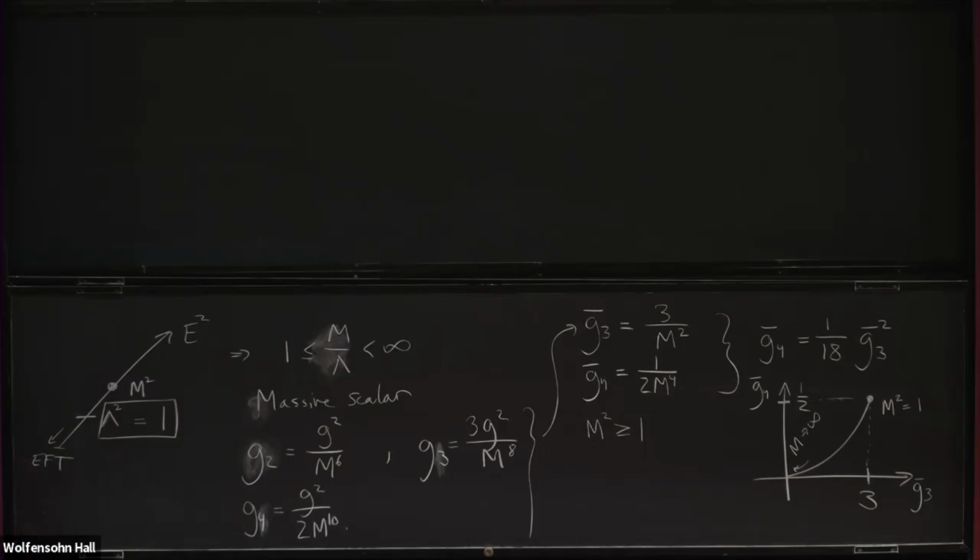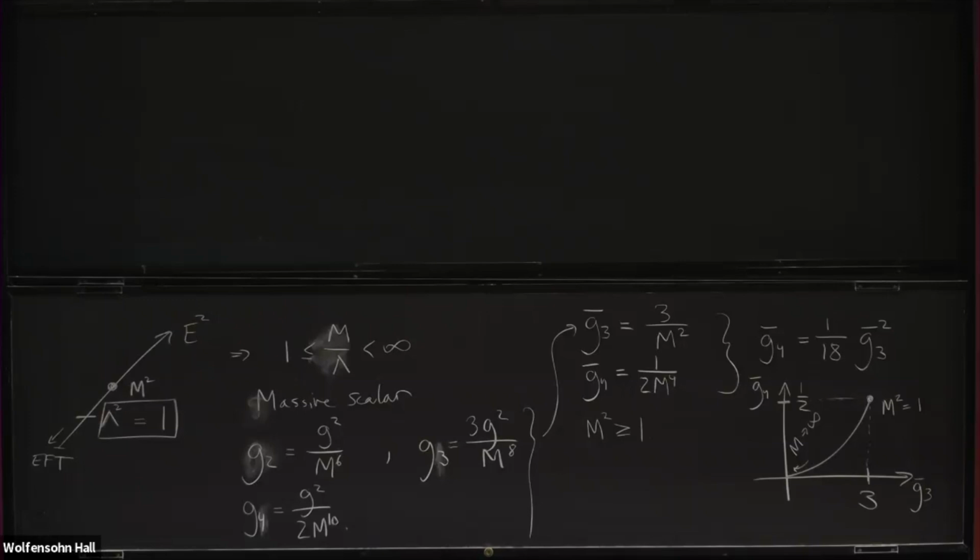Good. So let me try to explain again why we do these barred quantities. If I look at the starting point up here, and I want to characterize theories that are different from each other, then if I change the value of G to 1/2 G instead, I don't change anything fundamentally in the fact that I integrated out a massive scalar.